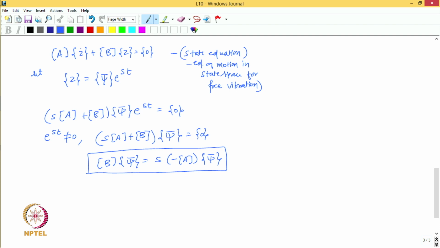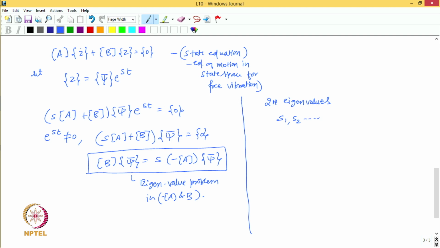It is in the format of an eigenvalue problem. So, this is the eigenvalue problem in matrices minus A and B. When this eigenvalue problem is solved, we are going to get 2n eigenvalues, right, and let us represent them by S1, S2, up to Sn, S n plus 1, S n plus 2 going up to S 2n.